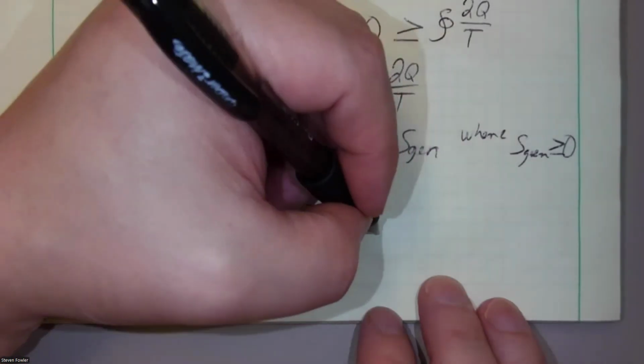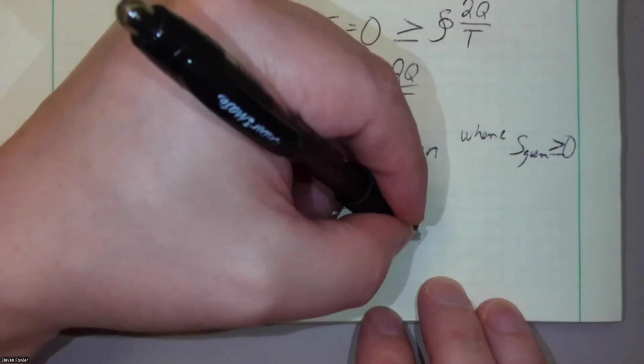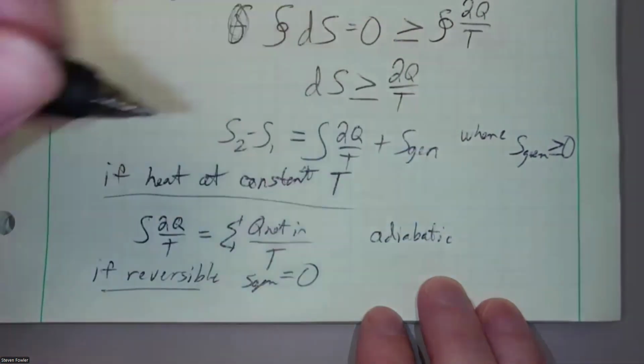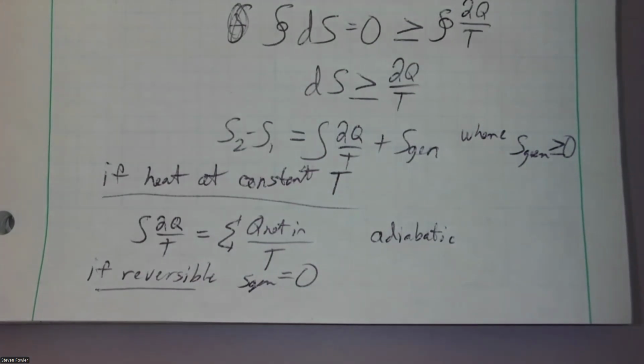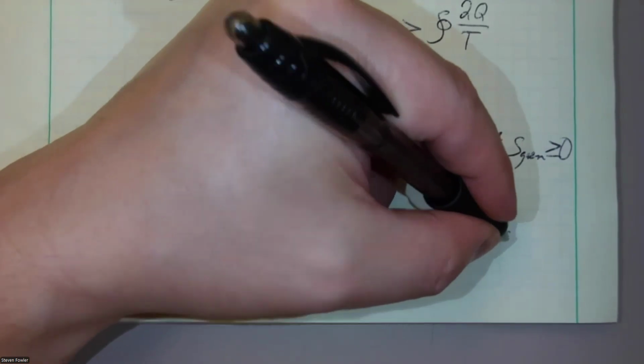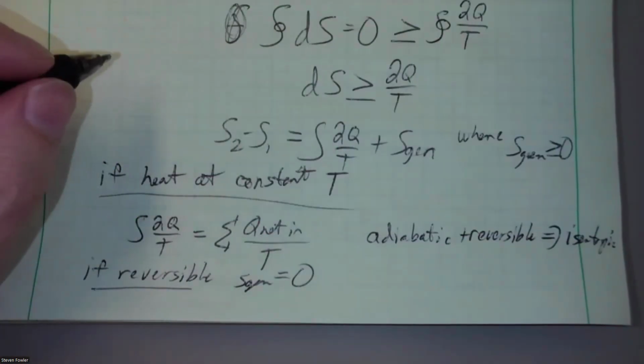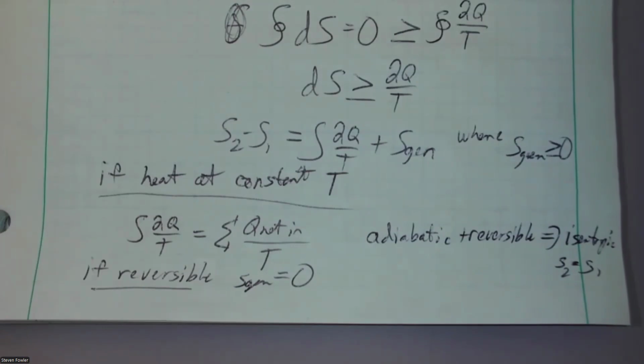We've talked about this before: adiabatic does not mean isentropic. Reversible does not mean isentropic. Adiabatic and reversible does mean isentropic. I need both adiabatic and reversible for it to be isentropic.